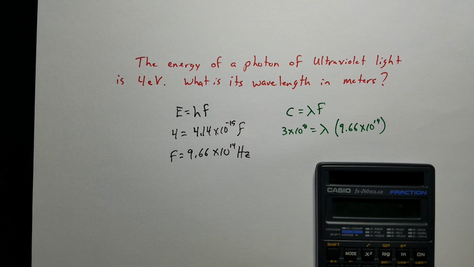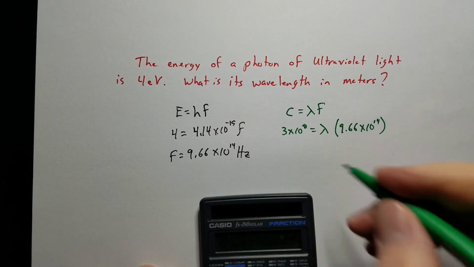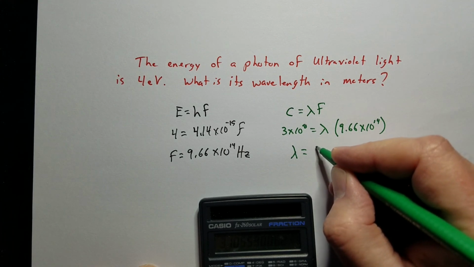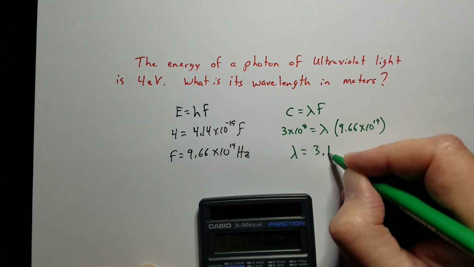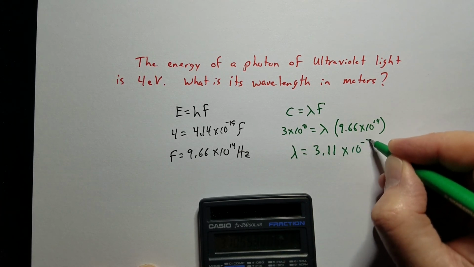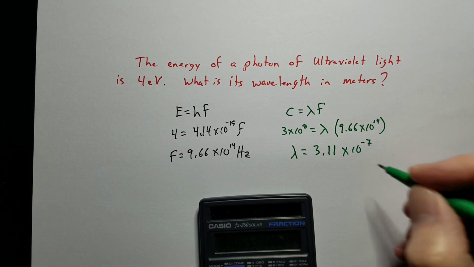Do a little division. 3 times 10 to the 8th divided by 9.66 times 10 to the 14th. And we get a wavelength of 3.11, let's call it, times 10 to the minus 7th meters.